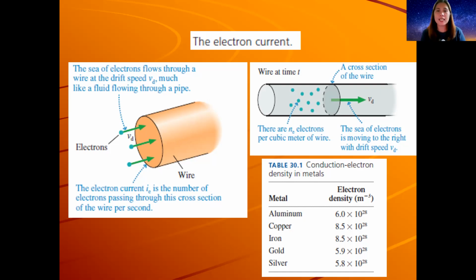The more free electrons per volume, the greater the electron density, the more charge carriers are present to carry energy in the circuit. So in other words, copper is a better conductor than aluminum. That's what we mean by electron density. The unit here is 1 per cubic meter. So that's for N. Let's go back to this one.